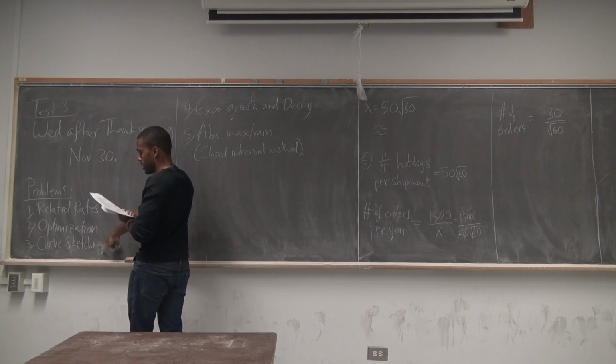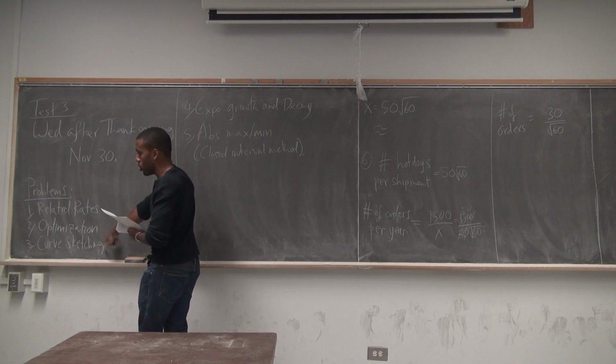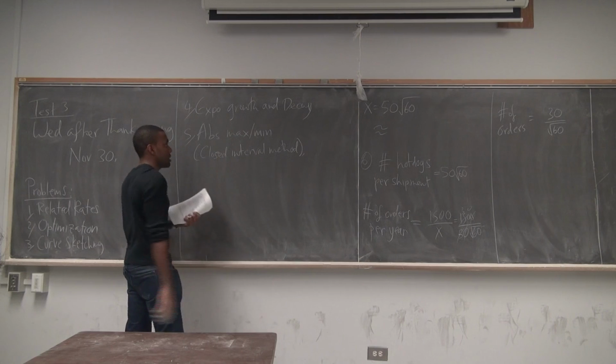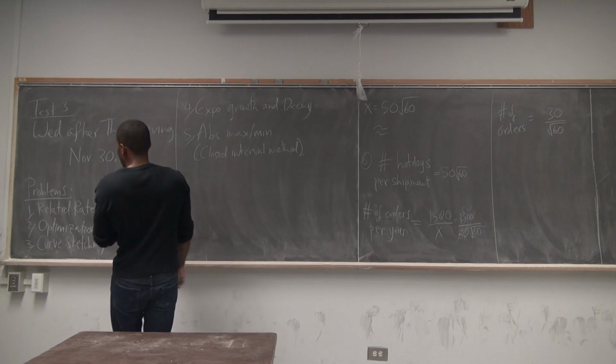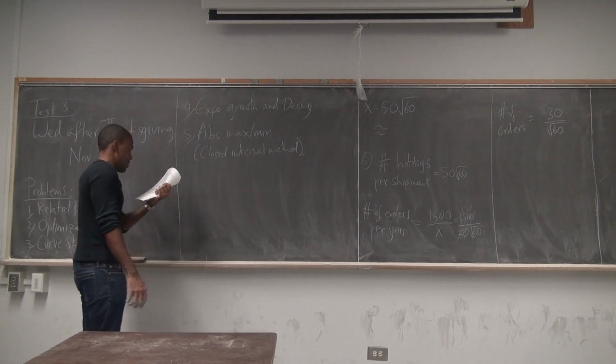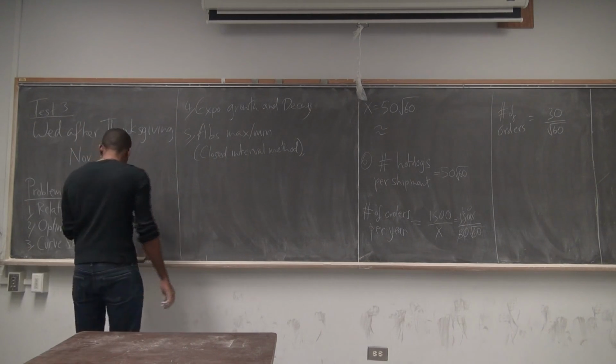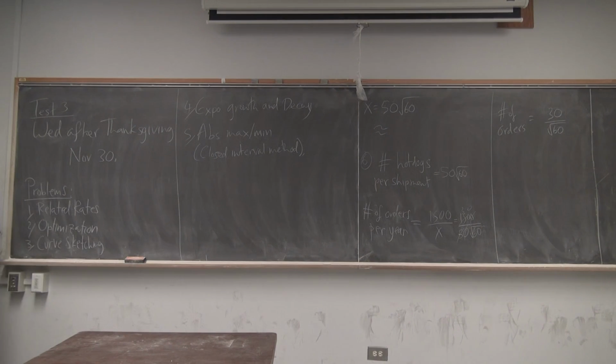The curve sketching example is going to test whether you can find local maxes or mins, and then I have to test whether you know how to find absolute max and min. Related rates and optimization. So that's what it's about.